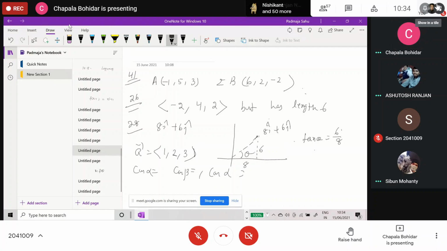Cos beta is equal to 2 by root 14. And cos gamma, sorry, I've written alpha, it is gamma, is equal to 3 by root 14. So you can find out the angle alpha is equal to how much, beta is equal to how much, and gamma is equal to how much.